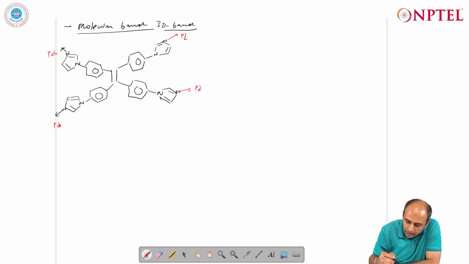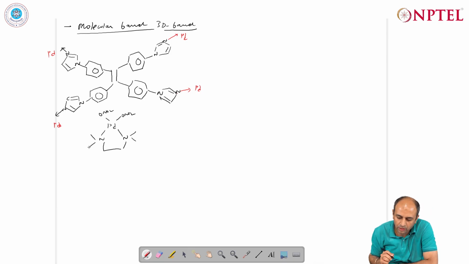and the palladium part has this particular arrangement.